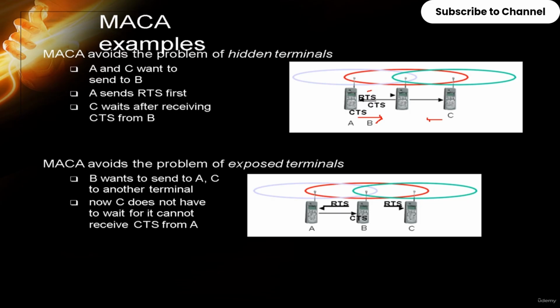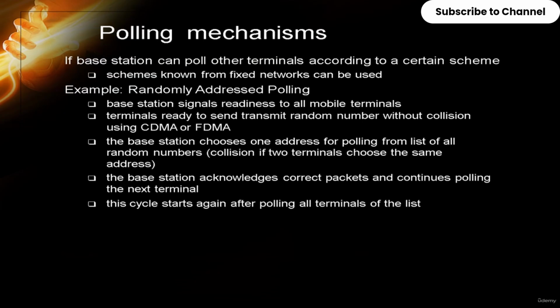Similarly, in the exposed terminal problem, B wants to send data to A and C wants to send to another terminal. In this case C does not have to wait, because it cannot receive CTS from A, clear to send. So the problems are solved here with the help of RTS and CTS packets.